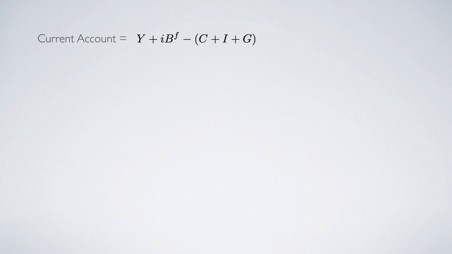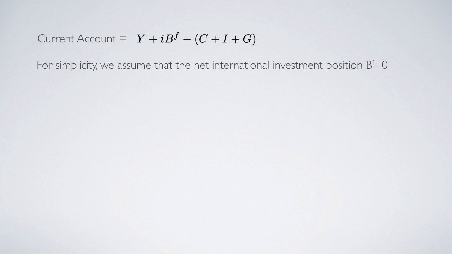Remember, we can write current account balance in the following way, where the first two terms are the income sources for the economy, and the minus part represents the spending for the nation. For simplicity, we assume that the net international investment position, BF, is equal to 0.